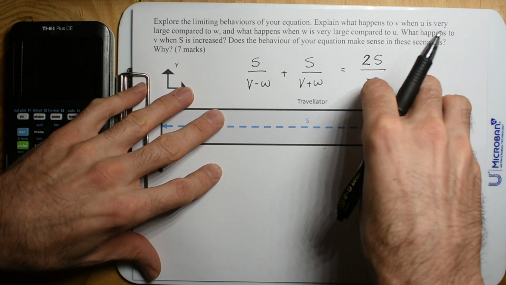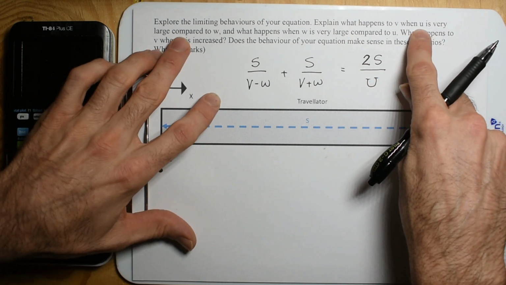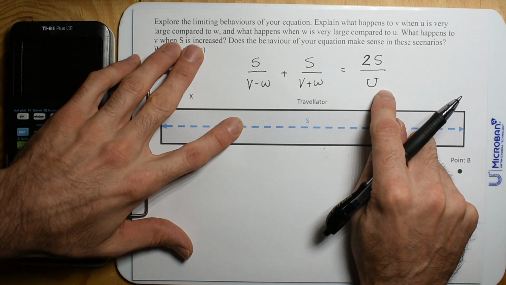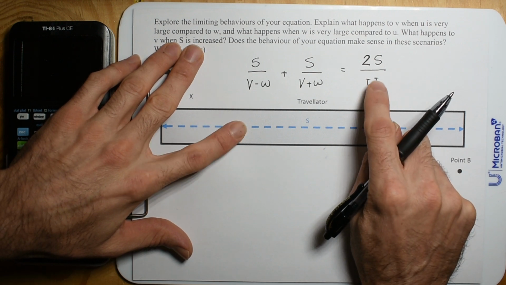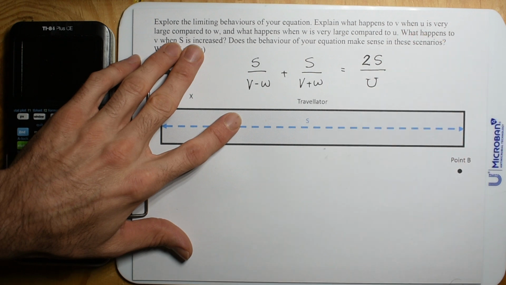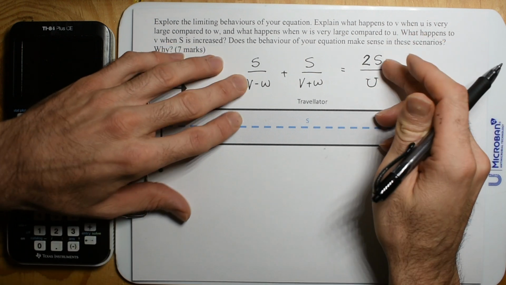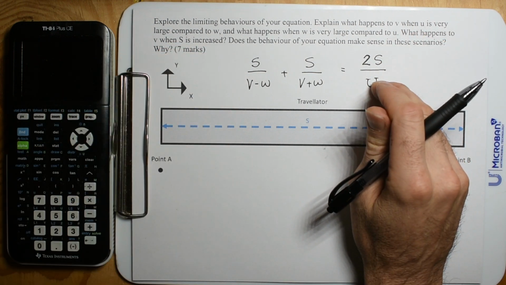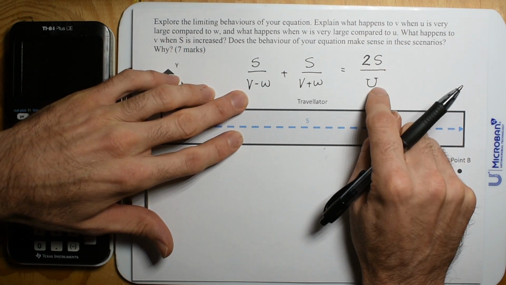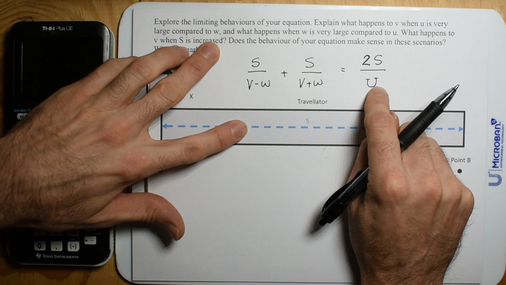It says if u is very large, well, if this u gets huge, I don't know, this term goes to 0. Is that what we want to do? I kind of forget. Explain what happens to v when u is very large.